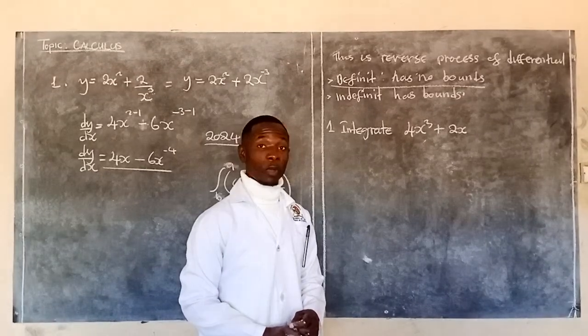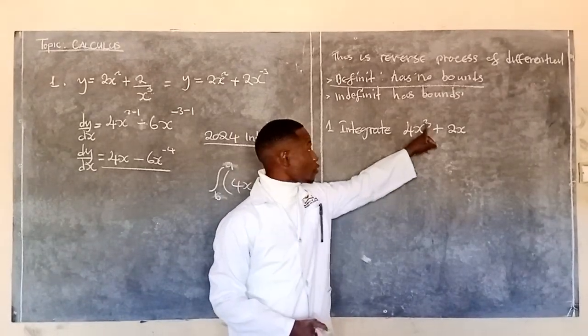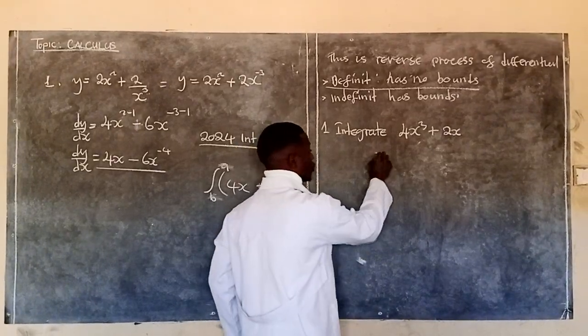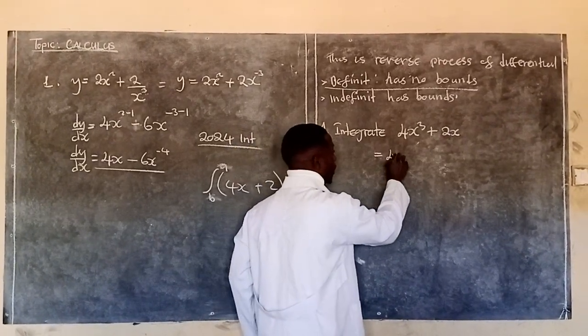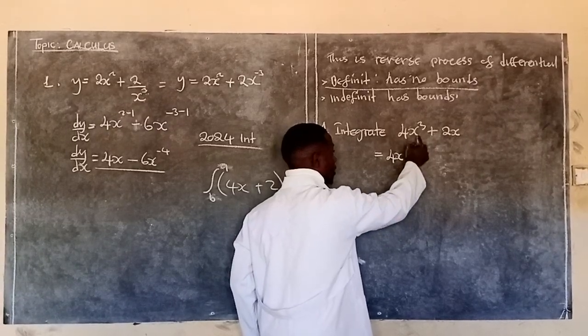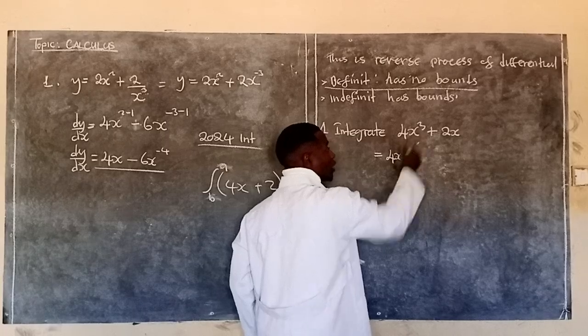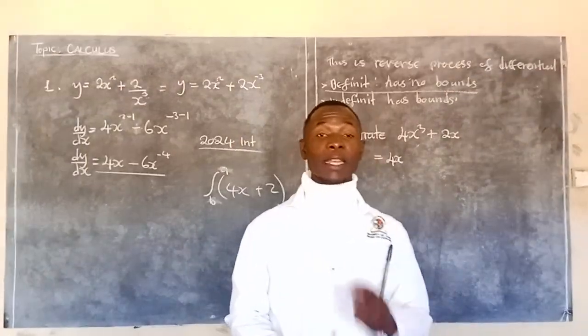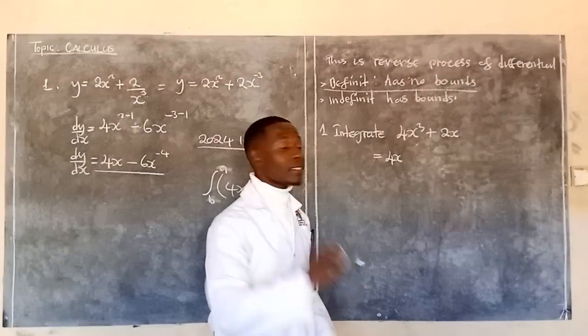Under differential, we were multiplying here, so this would have been a 12, but now we're not going to multiply. So this is going to be 4x, just because we did not multiply. You've seen here the power under differential was reducing by 1, but now that power is increasing by 1.